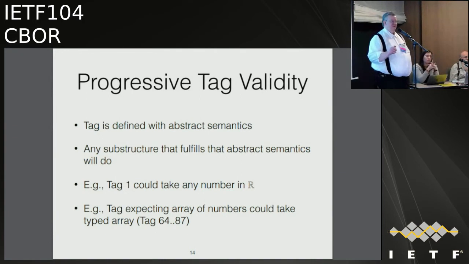No, not on that level. I was more thinking, if I define a new tag, how do I describe on the actual level, what maps to something on the wire, what fulfills the abstract semantics? But yeah, maybe I have to have a closer look at that and see how it works out.